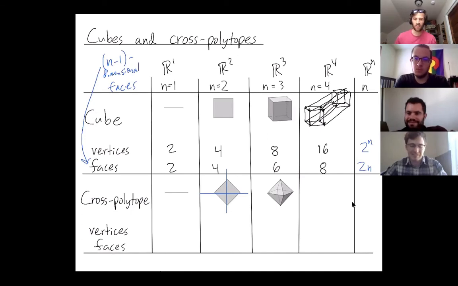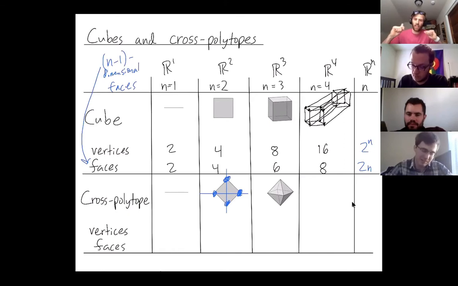Those are supposed to be the coordinate axes. Okay, so you look at your standard basis vectors in 2D, and then you also consider their negatives. What you do is you take the standard basis vectors and their negatives, and the cross-polytope is defined as the convex hull of the standard basis vectors and their negatives in n-dimensional Euclidean space.